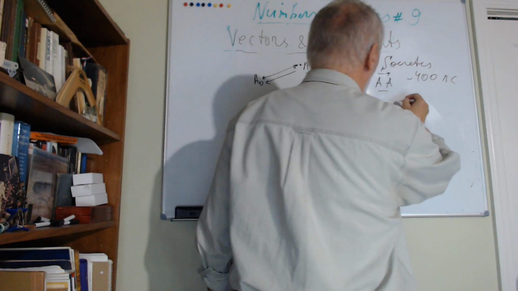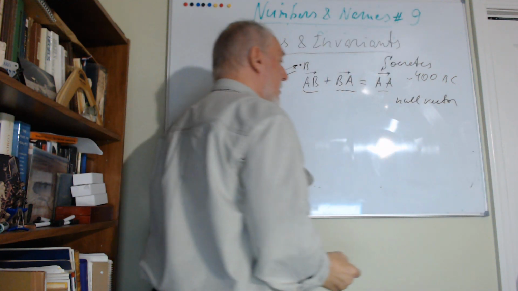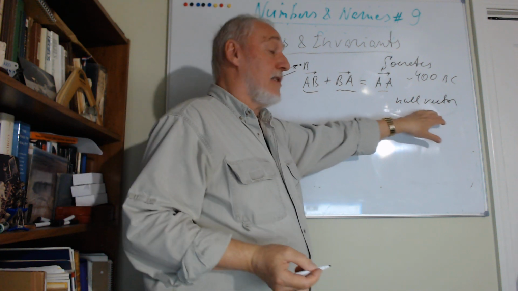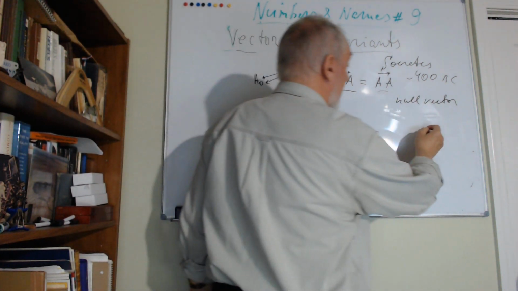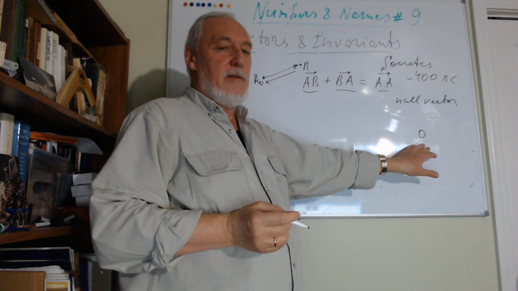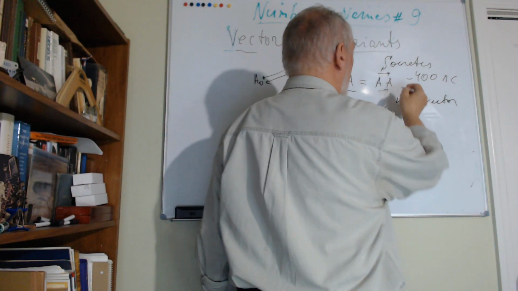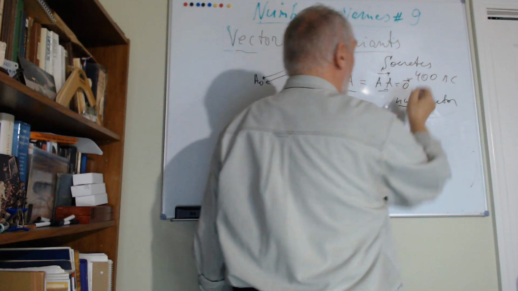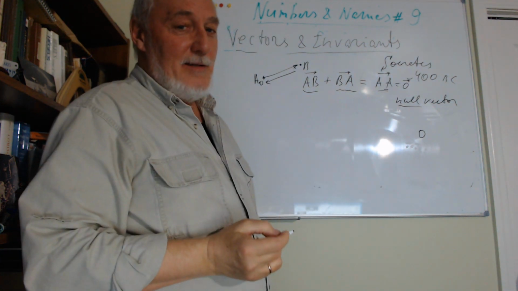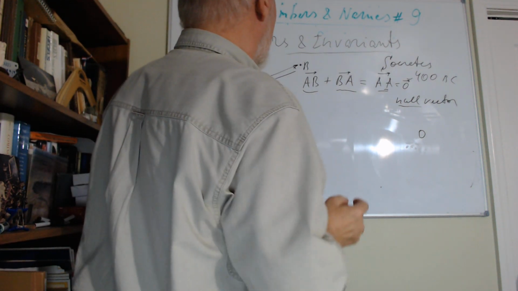It's called a null vector, by the way. Zero is a very weird number, a very paradoxical number. The same thing, this null vector is very paradoxical. You may write it 0 and may write the sign of vector over 0, to understand. But still, it's 0.